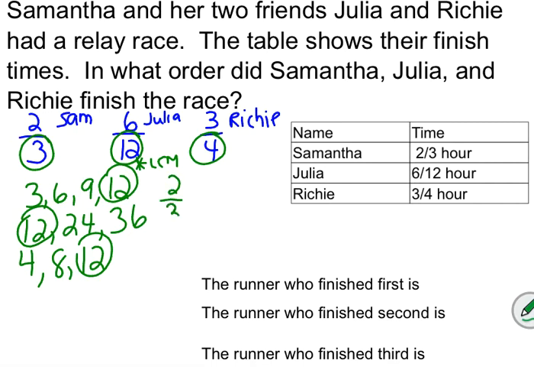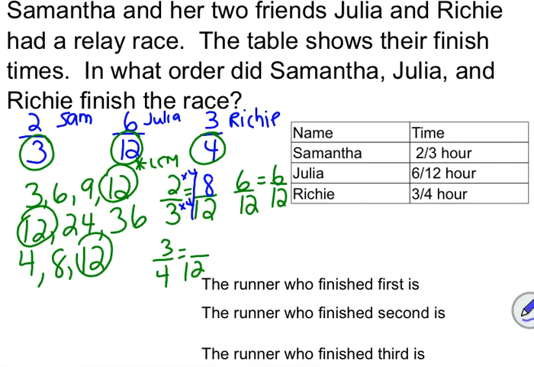So 2/3 equivalent in 12ths. 6/12 is going to stay 6/12, guys, because that's where we're in 12ths. And 3/4 equal to in 12ths. So when I do the math, 3 times 4 is 12. 2 times 4 is 8. So I have 8/12, 6/12. And 4 times 3 is 12. And 3 times 3 is 9.